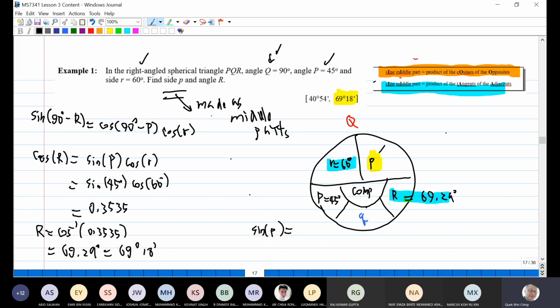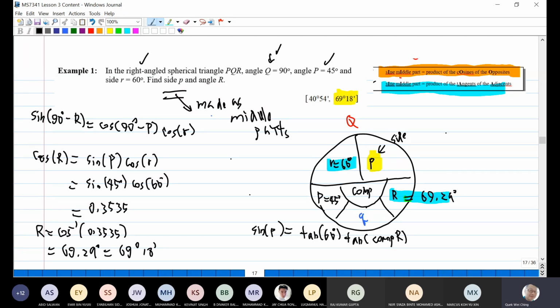Side P is equal to product of tangent. So tangent of 60 degrees, because 60 degrees is on top there. Then tangent of com R now. Because R is below, right? So it's com R here.